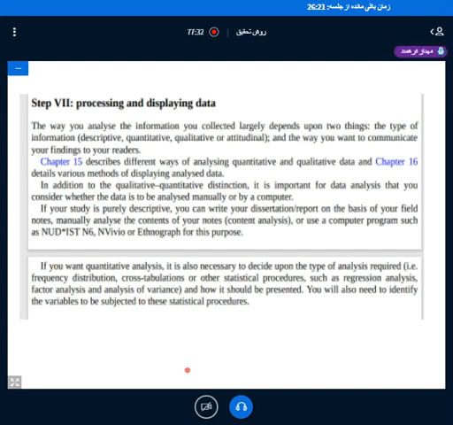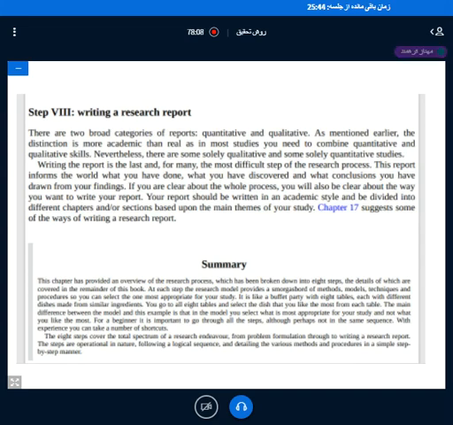So in some studies we must do statistical procedures, and for example, analyze the variance and how it should be presented. You will also need to identify the variables to be subjected to these statistical procedures that we are going to study in the future.